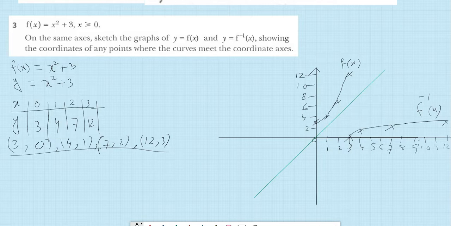Join all the points using a pencil, a smooth curve, then reciprocate them: (3, 0), then (4, 1), then (7, 2), and then (12, 3). So I hope you understand. This is the graph of f inverse.